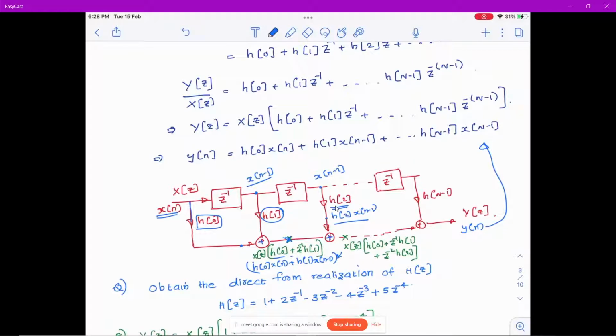But direct form ചെയ്യാൻ പറഞ്ഞു കഴിഞ്ഞാൽ you just draw the delay block on the top, you draw the adder block at the bottom. Each leg before the delay block or after the delay block will be your h of 0, h of 1, h of 2, or the h coefficients.